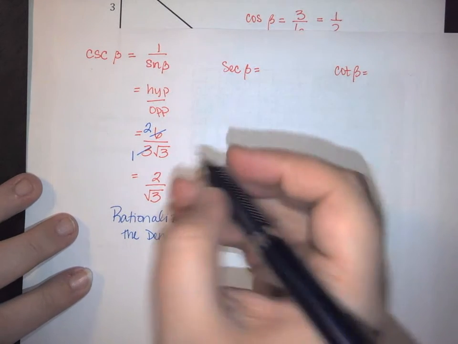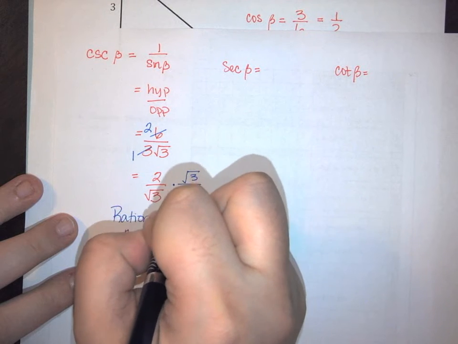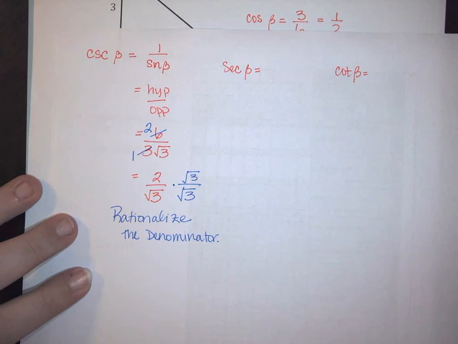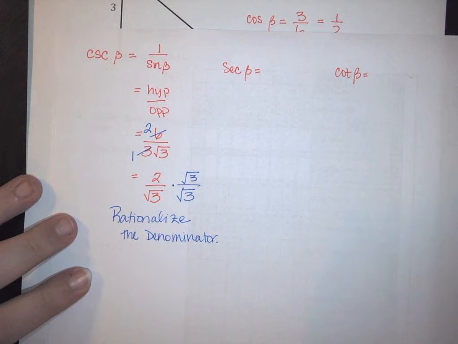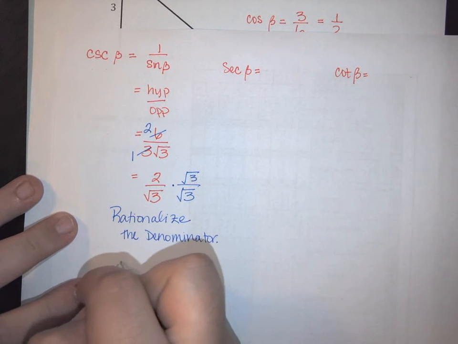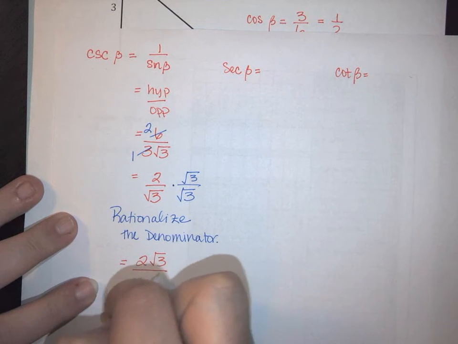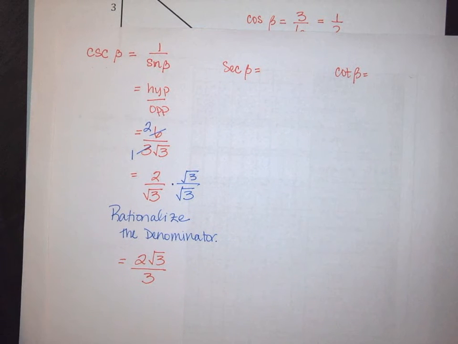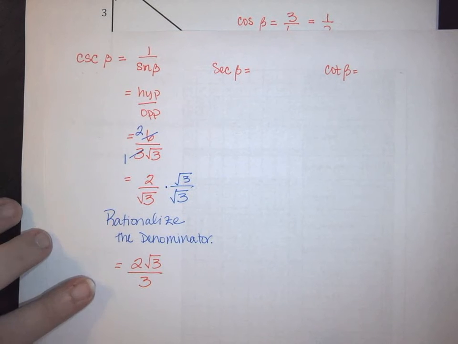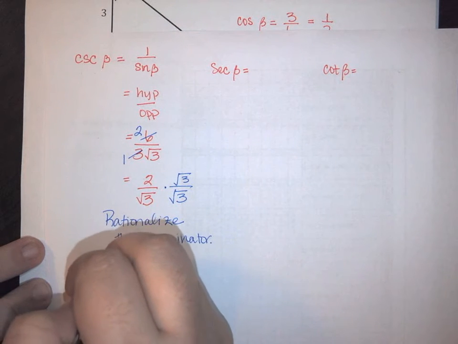So in order to rationalize, we're going to have to multiply the top and the bottom by the square root of 3. We're going to multiply straight across the top and straight across the bottom, and we are going to end up with 2 square roots of 3 over 3. Since there's nothing else for me to simplify, this is my cosecant of beta.